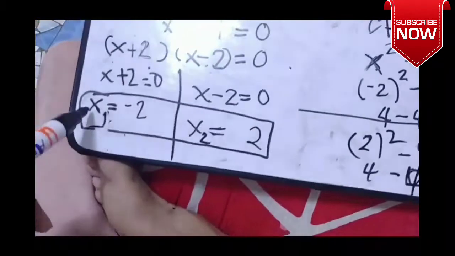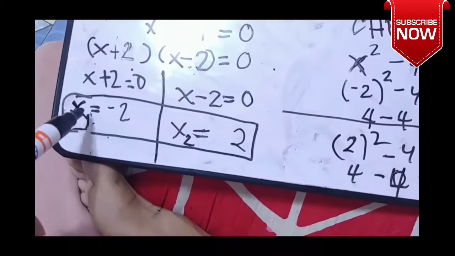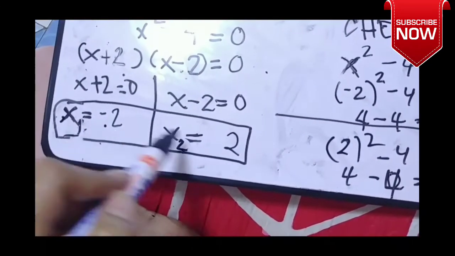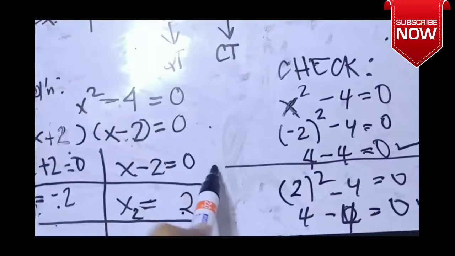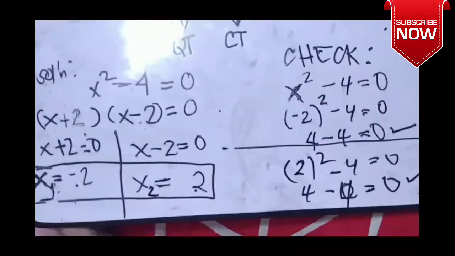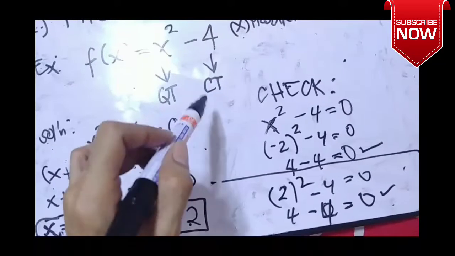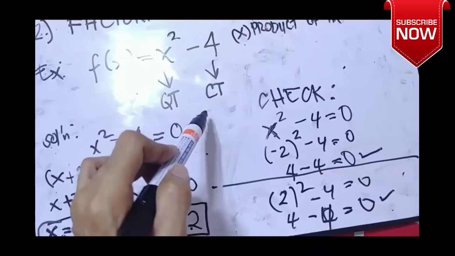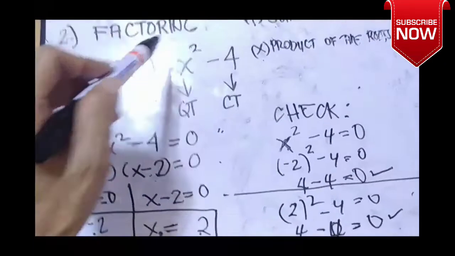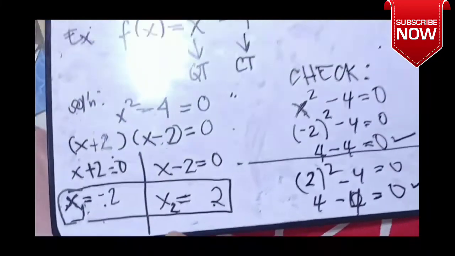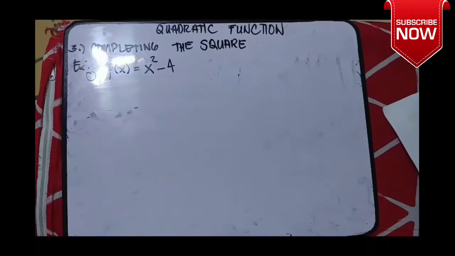Therefore, the value of x, which is negative 2 and 2, that is absolutely 100% correct. So, ibig sabihin, naipalabas natin sa first method na extracting the square and second method na factoring, isa lang yung value na negative 2 and positive 2. Okay, so tapos na tayo sa first and second method.